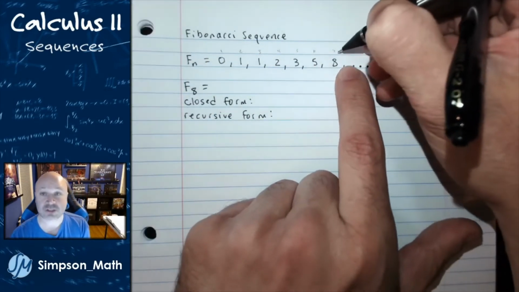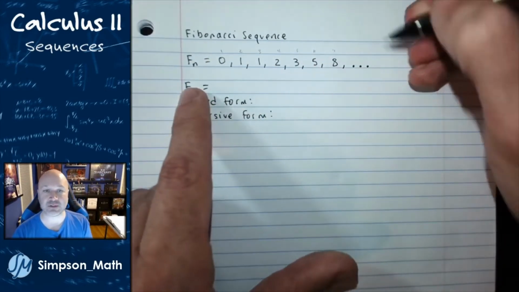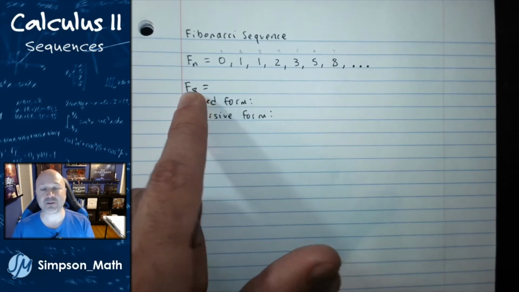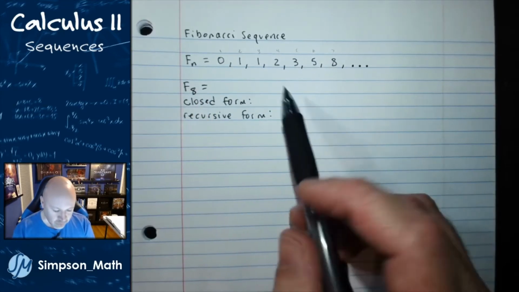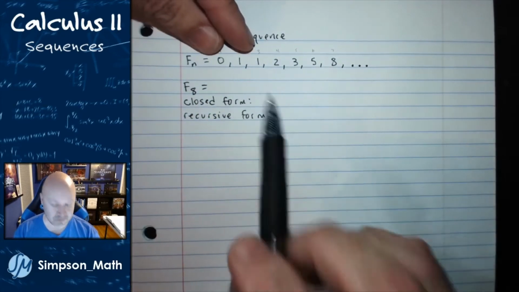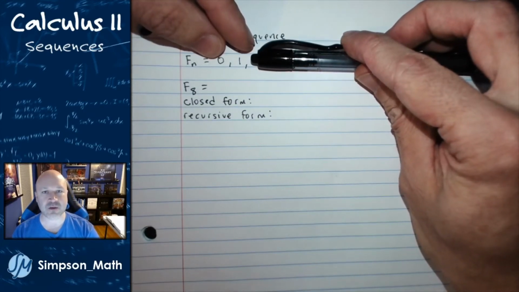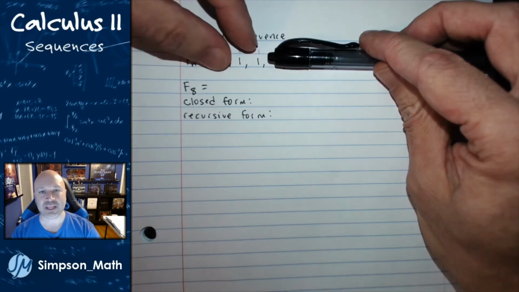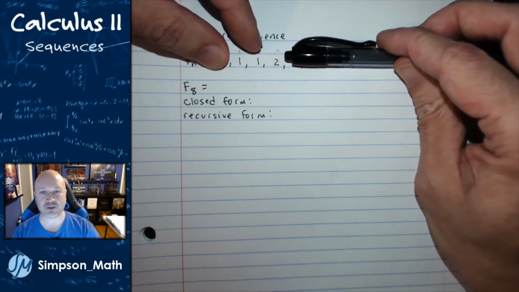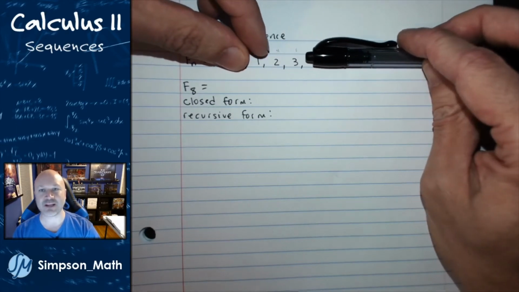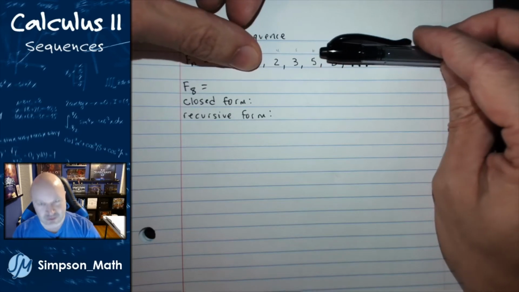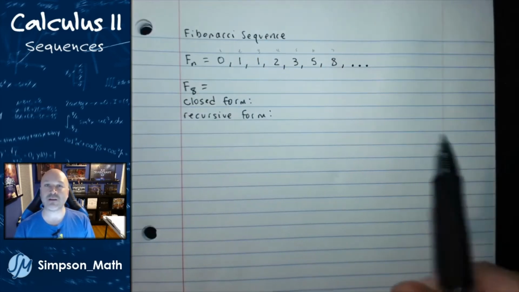I need to just know what is the next term in the sequence to find the 8th term. Okay, so we start off with 0 and 1. If I sum those two terms, I get 1. If I sum these two terms, I get 2. If I sum those two terms, I get 3. If I sum those two terms, I get 5. So on and so forth.